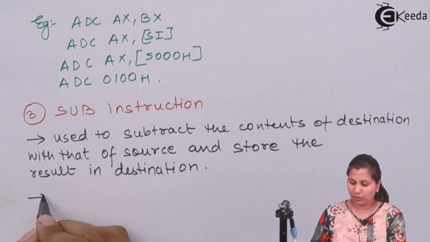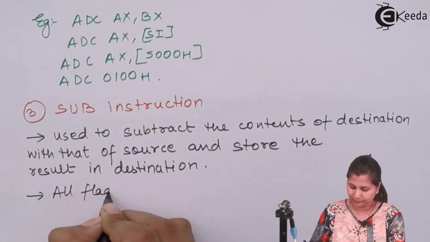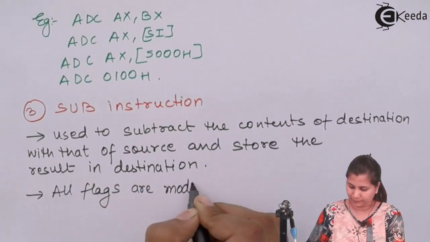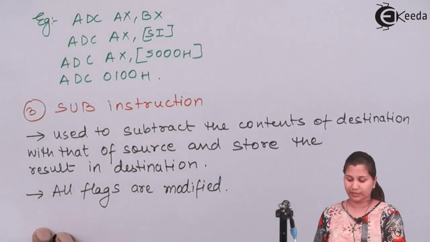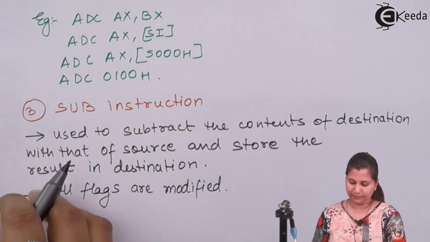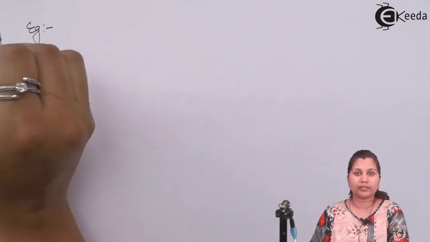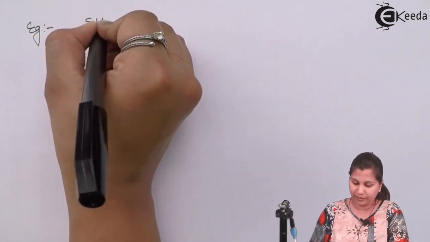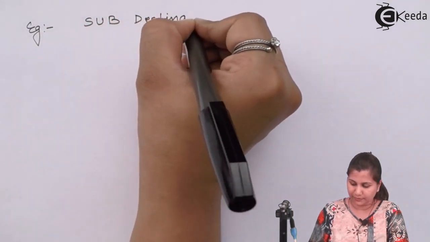Through this instruction also, all the flags will be modified. So let us see the examples of this instruction, SUB. If we talk about its general format, then we will write SUB, destination and source.